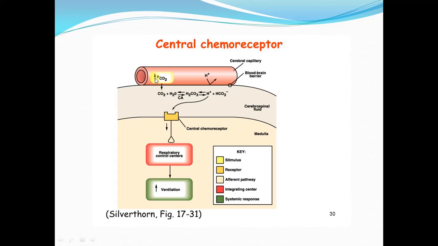Whenever there is an increased partial pressure of carbon dioxide in the blood, it will lead to an increased concentration of carbon dioxide in the interstitium and in the CSF. So this is CSF. Here carbon dioxide is going to react with water.